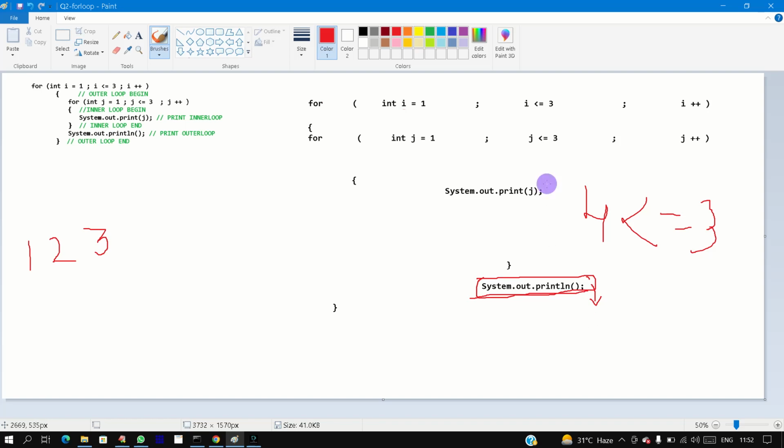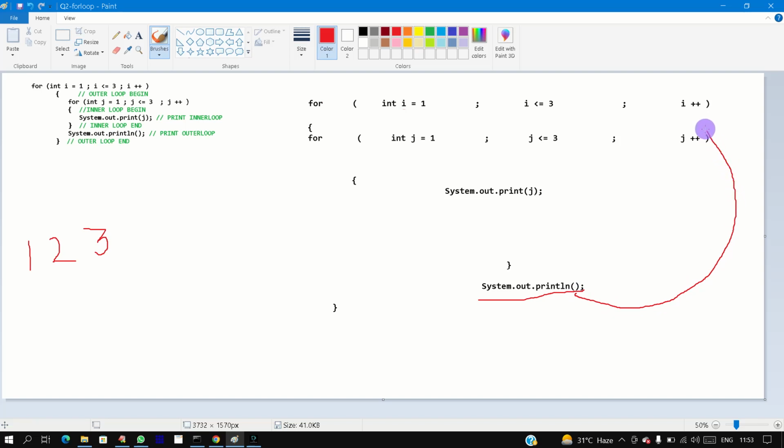Now, as in the inner loop, how were we moving? After using j we were going to update, isn't it? Now similarly we are at the outer loop's System.out.println. Now we will be going to i++.